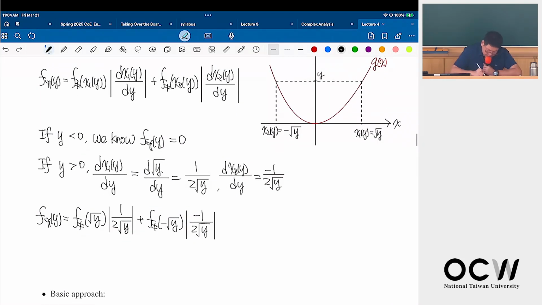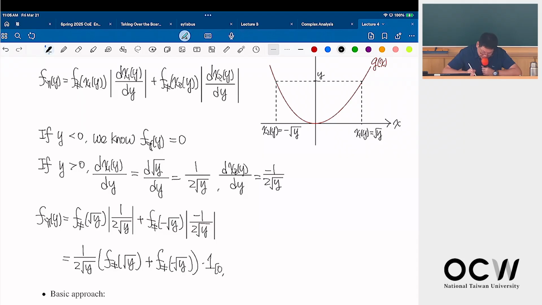Okay, so here we have 1 over 2 times square root of y times your PDF of x at square root of y plus the PDF of x at minus square root of y. And y should be greater than or equal to 0. So y is from 0 to infinity.